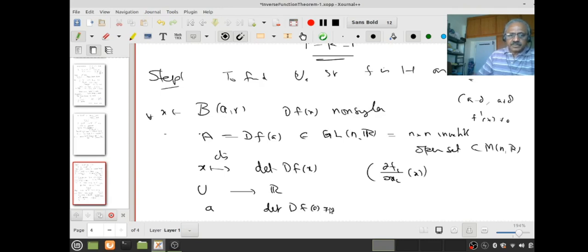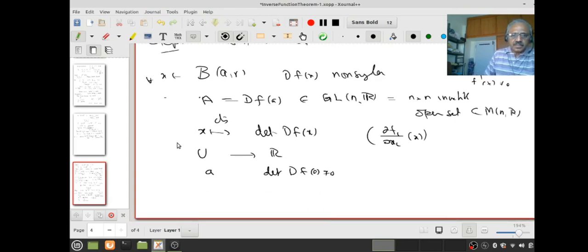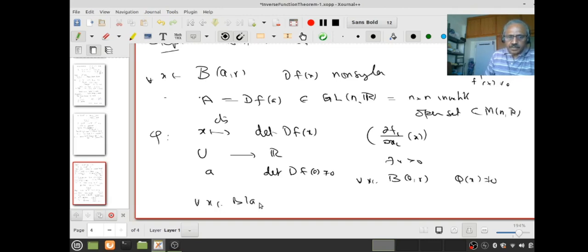Since this function is continuous, call this function phi. Therefore there is an r positive, so that on B(a,r), for all x here, phi of x is non-zero. What does it mean? For all x in B(a,r), determinant of df x is non-zero.